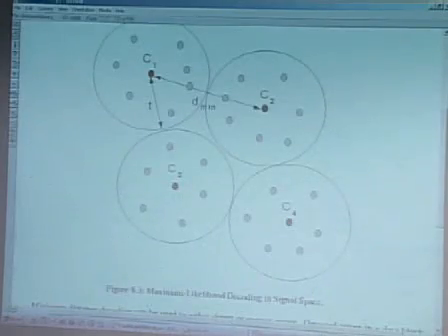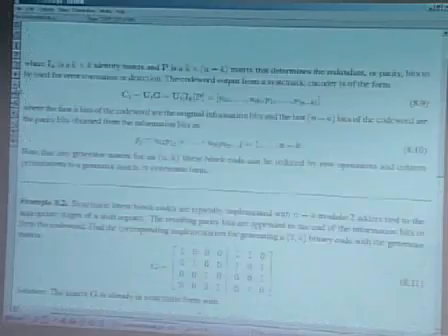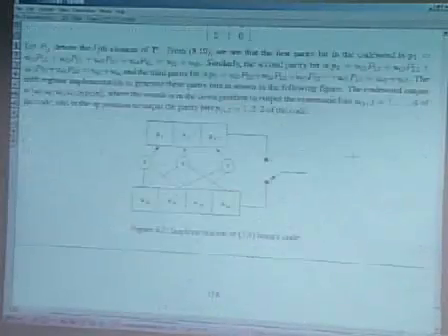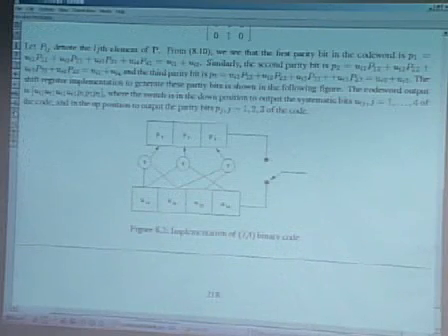So let's go to figure 8.2. It's kind of interesting to see. Okay, here it is.